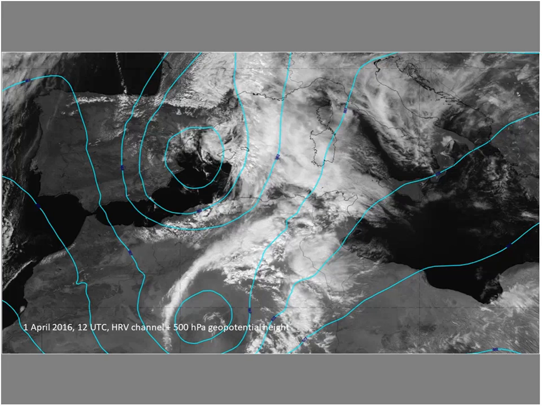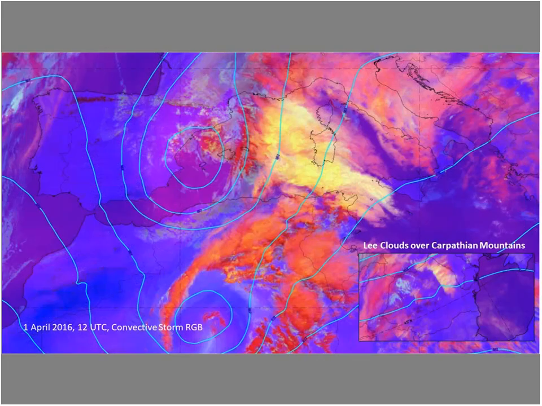So basically, if we look at the convective storm RGB, which gives us the indication of strong convective systems, as you can see here over the Carpathian Mountains, and it can give us the information about dust in the clouds. So as we can see here on this image, this would be quite a huge convective system for this time of the year. This was 1st April 2 years ago.